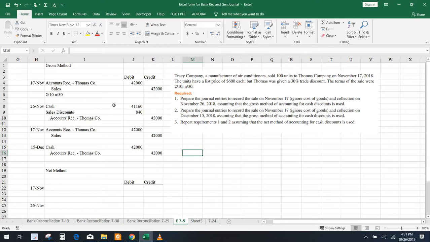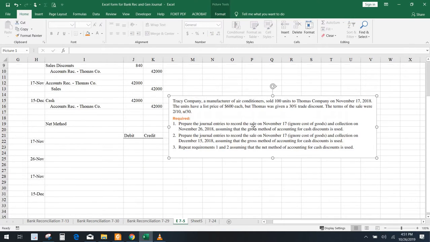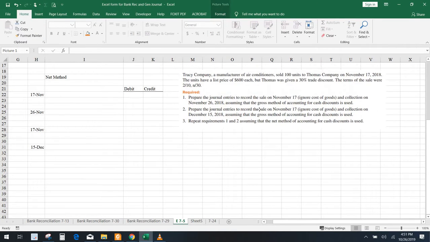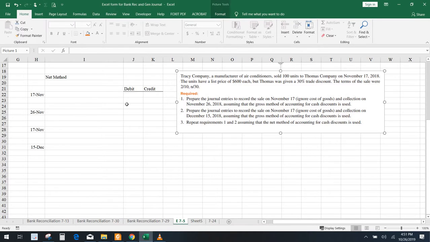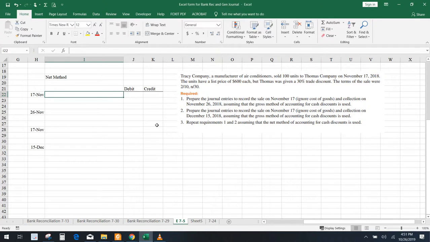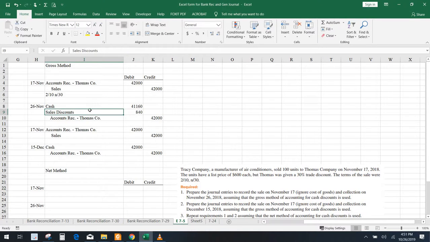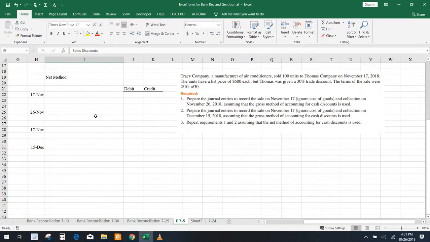All right, so now what's the difference between doing all of this using the gross method and all of this using the net method? Okay, so let's just pull this down here, and now we're going to do the same thing, except we do the net method. With the net method of accounting, rather than applying the discount when they pay, we're going to assume that they're going to get the discount when we record the transaction.